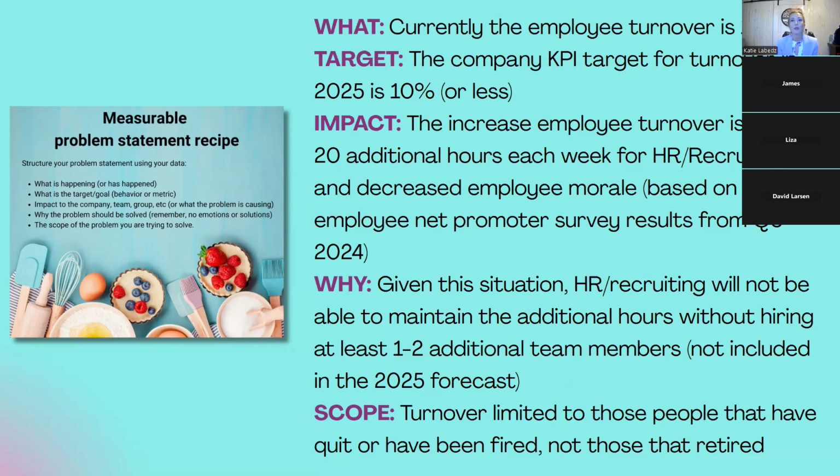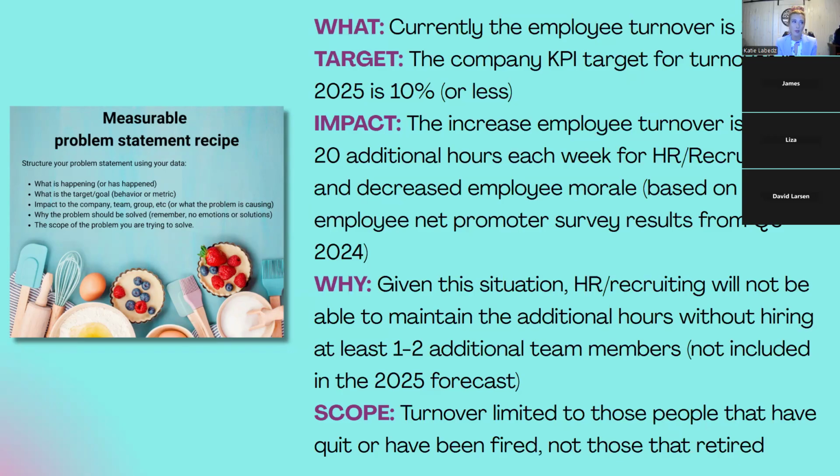So here's an example. Currently, the employee turnover is 18%. The target is the company KPI target for turnover in 2025 is 10% or less. What is the impact? The increased employee turnover is causing 20 additional hours each week for HR and recruiting and decreased employee morale based on the company employee net promoter score from Q3 of 2024.